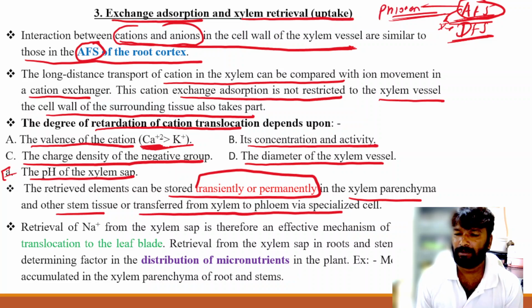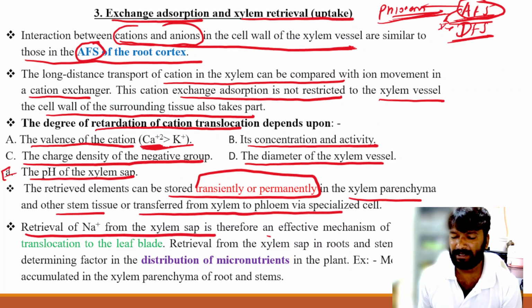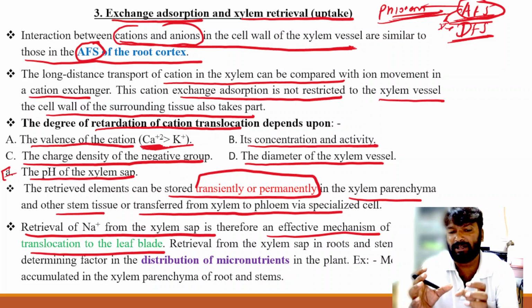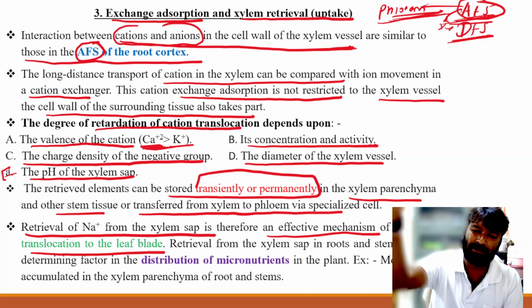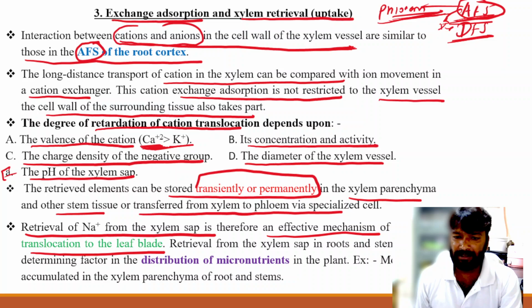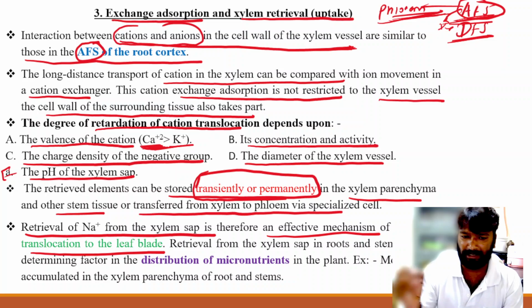Okay, so retrieval of sodium from the xylem sap is therefore an effective mechanism of restricting translocation to the leaf blade. So when the sodium concentration is high in the xylem sap, it can be restricted from the leaf tissue by being transiently and permanently stored in the xylem parenchyma.